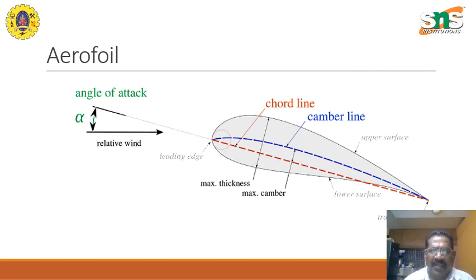This is the maximum thickness of the aerofoil, and we have something called the camber line. The camber line divides the upper and lower into equal halves, and it is a curve. The leading edge has a radius. This is an aerofoil and its nomenclature.